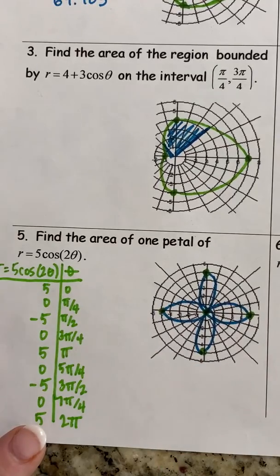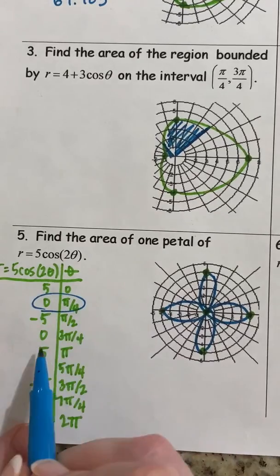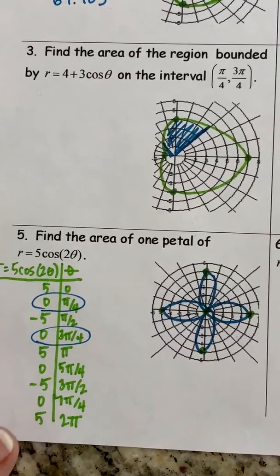Now, if I just need to find 1 petal, I'm going to use this theta value to this theta value. Now, I could do the whole thing from 0 and then just multiply it by 1/4 out front.